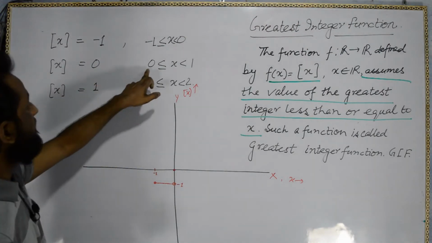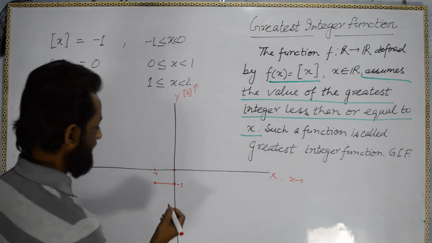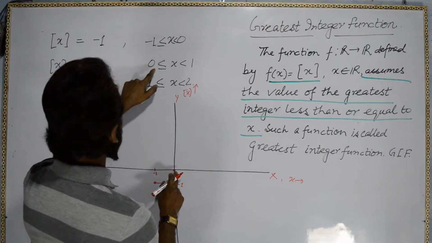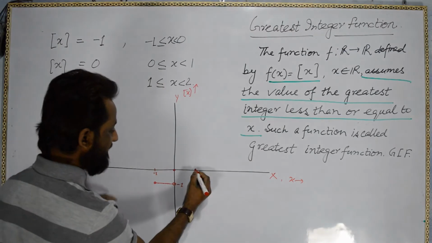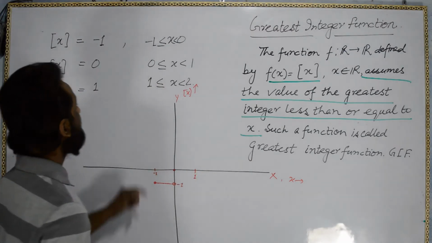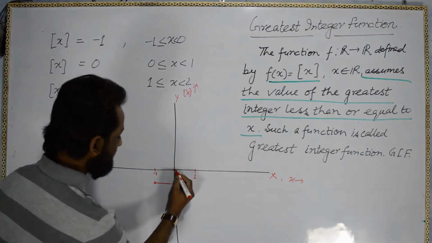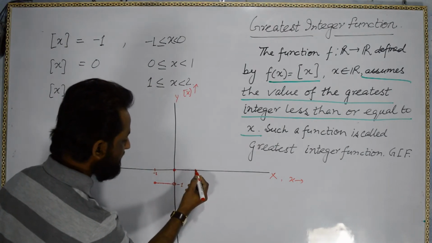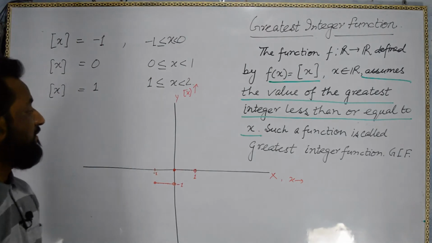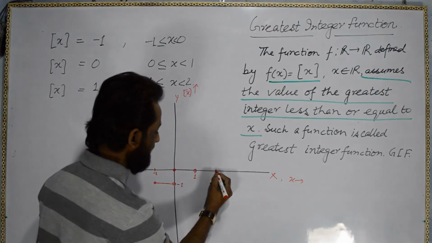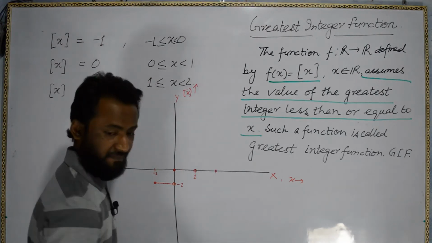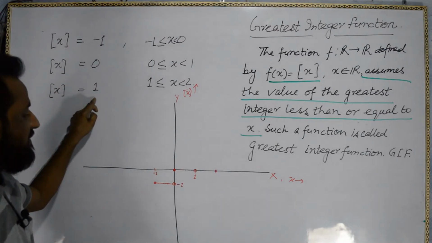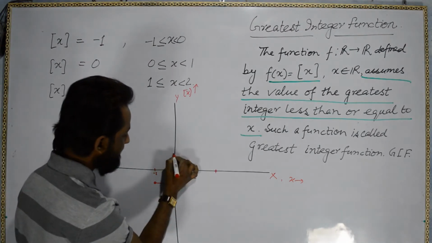Next is for 0 to 1. The x value is in between 0 to 1. For 0 to 1 it is 0, so it is 0 here, approaching towards here, so it will be open here. For 1 to 2, the value of the greatest integer function is 1, so 1 will be somewhere here.